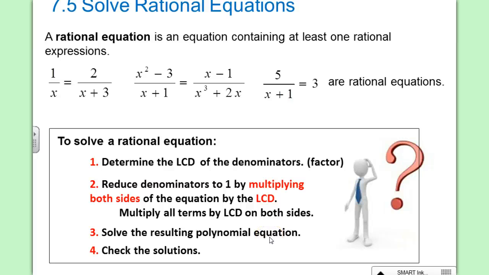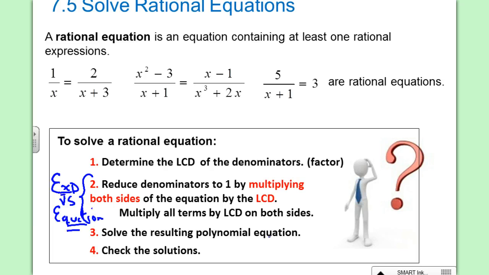This is a key step. There's a difference between what we do here in an expression versus what we're doing now in an equation, and I really need you to see the difference. People that don't see the difference here don't get it.